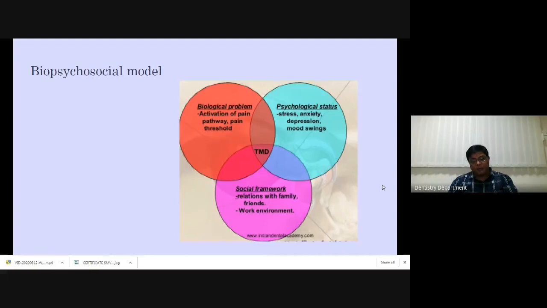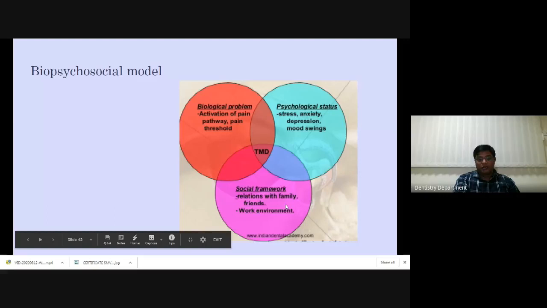It has 3 Venn diagrams, you can see that. It has a biological part, a psychological status, that is stress, anxiety, depression, mood swings, etc., and a social framework, relationships with family, friends, work environment. So these 3 together may produce TMD. They are all interlinked.